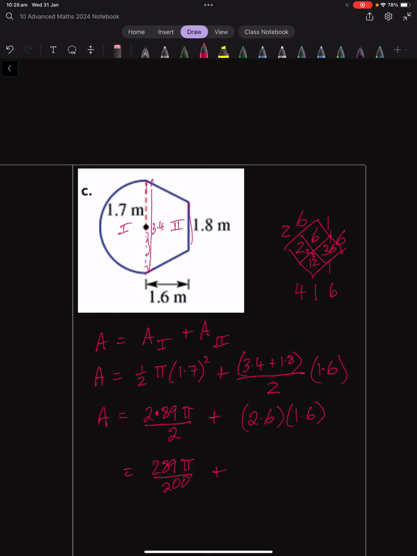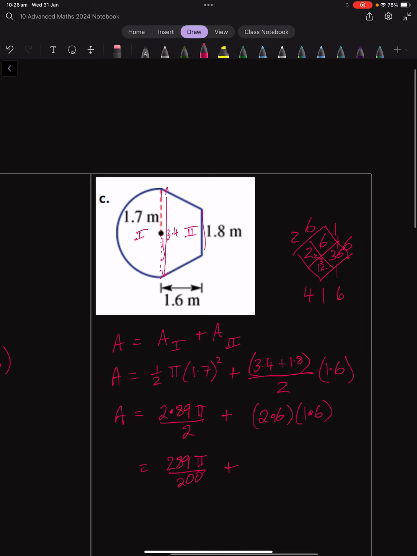Now I had 2 numbers after the decimal places, 1 in each number. So this is going to be not 41.6 or 416, but 4.16. We keep the same number of digits after the decimal places. So there we go, plus 4.16. These are my units, square metres, done.